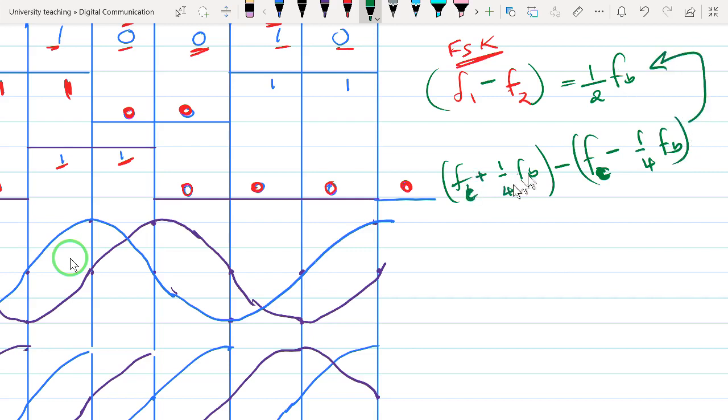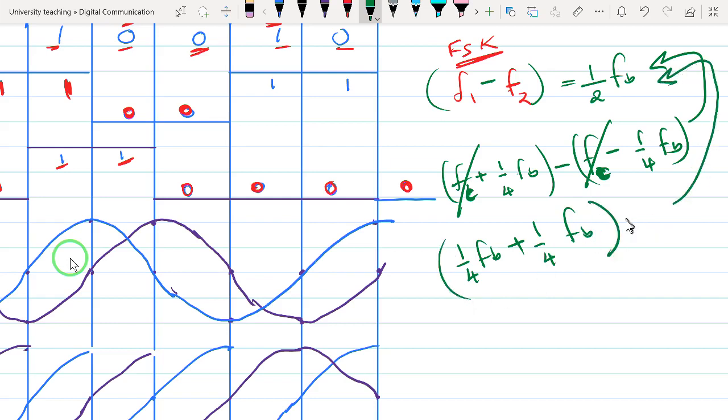So if we open this bracket up, this will cancel with that, and you're going to be left with 1/4 FB plus, minus becomes plus, 1/4 FB, and therefore this one actually becomes, as we want it to be, a half of FB.